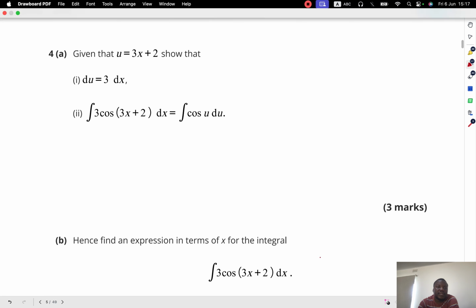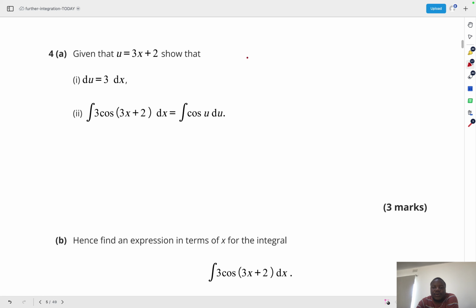Okay, then I found question number 4. I think this is one of the good questions that we can go through here. We are told that given that u is that, show that du is equal to 3 dx. du means the derivative of u. So what we know is that du over dx is equal to the derivative of this, 3.